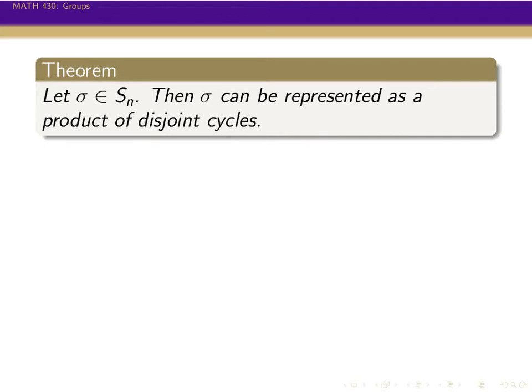Disjoint here means the numbers that are in one cycle don't appear at all in any other cycle. So every number appears at most in one of the cycles. If it's a fixed point, it won't appear in any of the cycles, or it'll just be in a cycle by itself. Okay? Much as we just represented rho sigma on the previous slide.